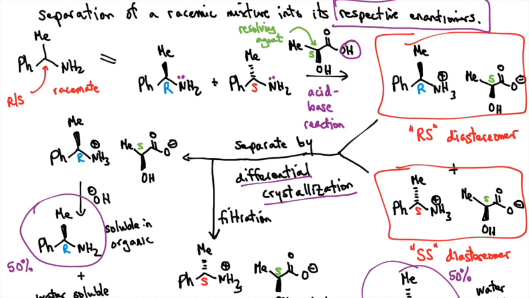And another example would be chiral chromatography, where you have selective adhesion of one enantiomer to a chiral stationary phase, and this also allows separation of isomers. The general principle here is that you're taking a racemic mixture and creating diastereomers out of that racemic mixture, and then those diastereomers have different properties.